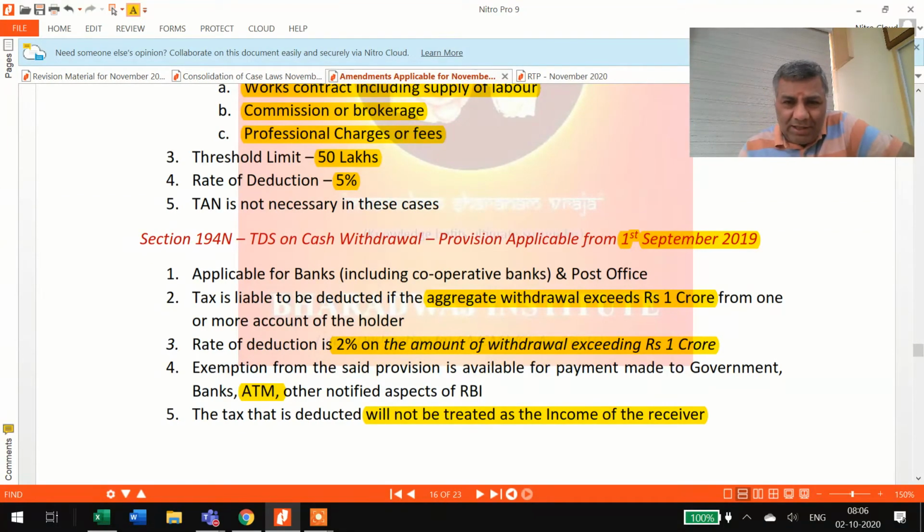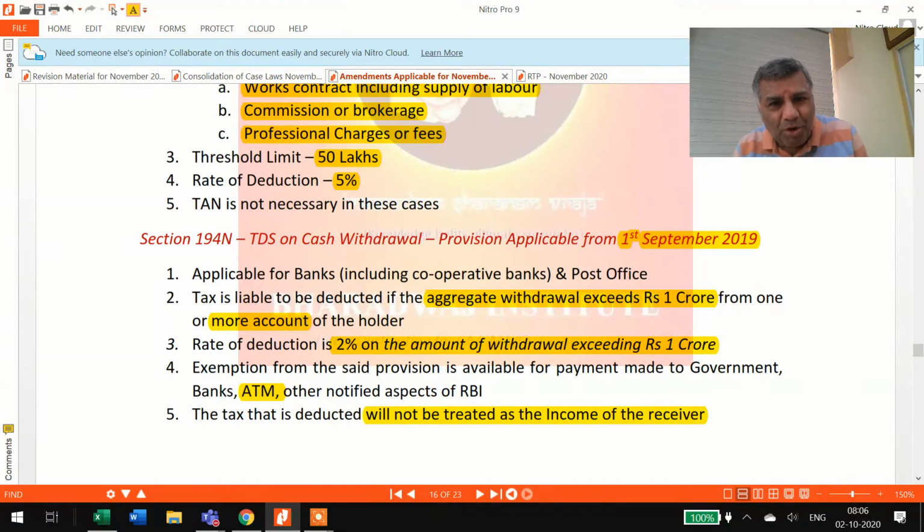Don't understand this "one or more account" as all banks put together. State Bank will never know what they are withdrawing from Canara Bank, and Canara Bank will never know what they are withdrawing from Indian Bank. Here, more account means I have accounts in multiple branches.